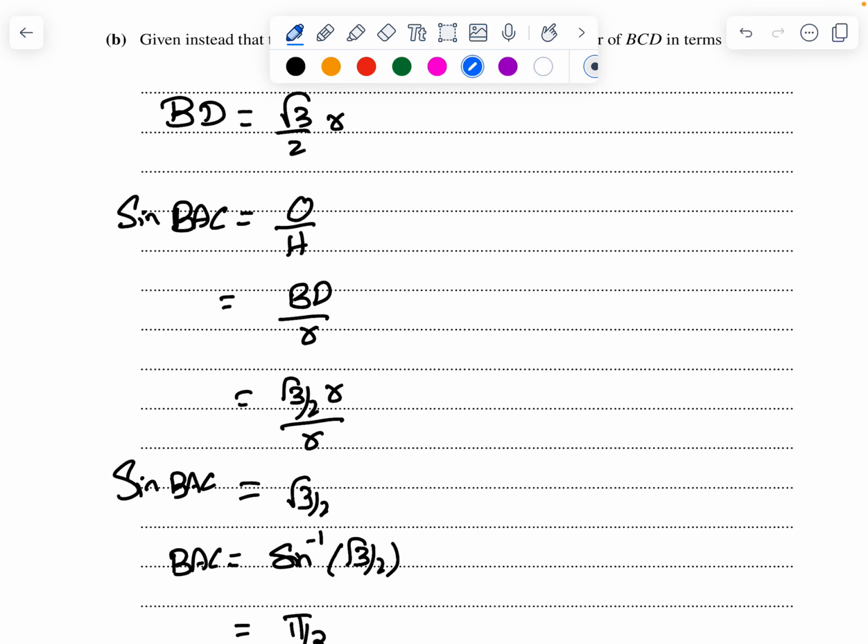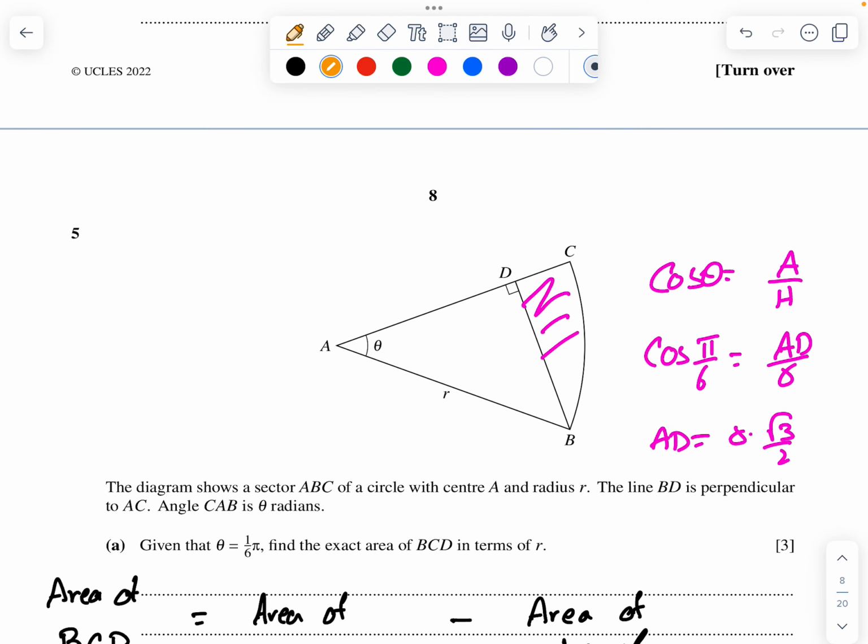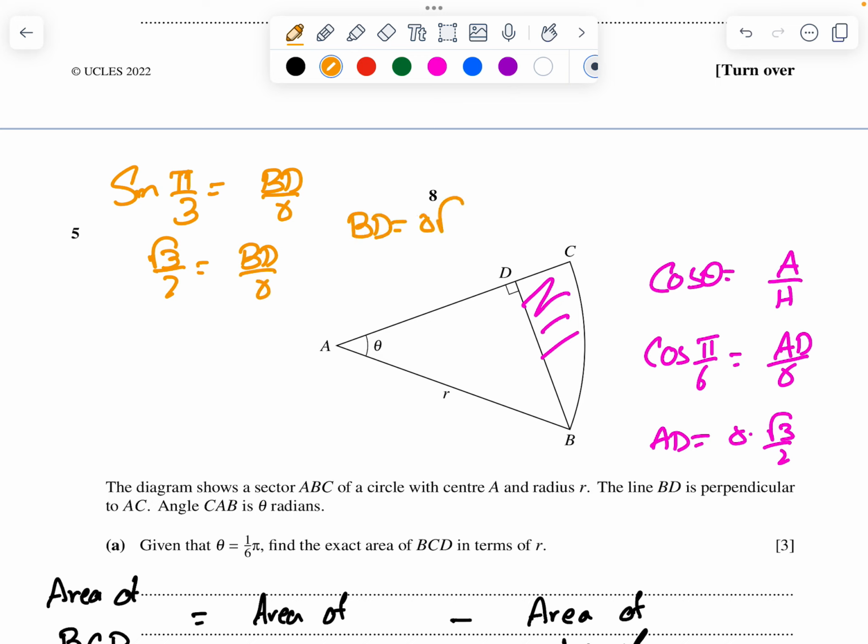Now the perimeter is made up of three parts: BD is a line, DC is a line, and CB is the arc of the sector. I need to get BD. Sin π/3 equals BD upon R, so √3/2 equals BD upon R, which gives BD equals R√3/2.